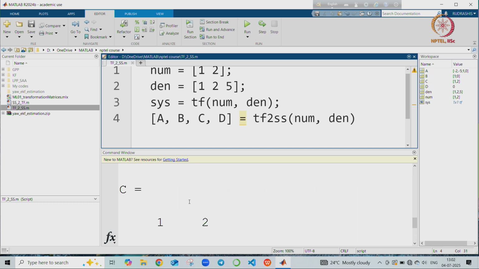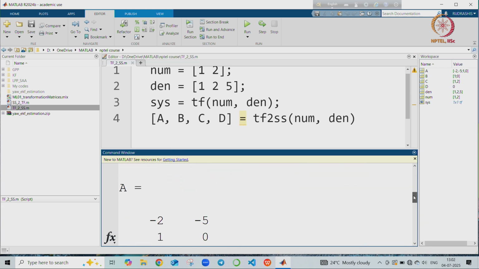we get the matrices like this. First we get the matrix A, which should look like this. The second one is B, the third one is something like this, and the fourth one is 0.